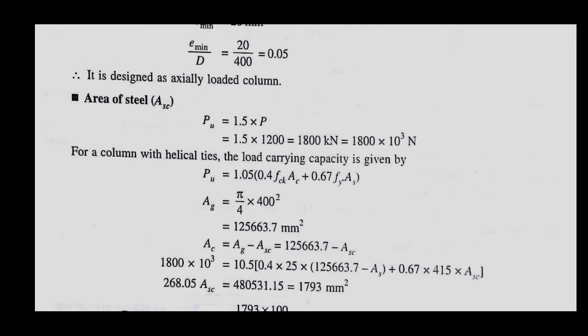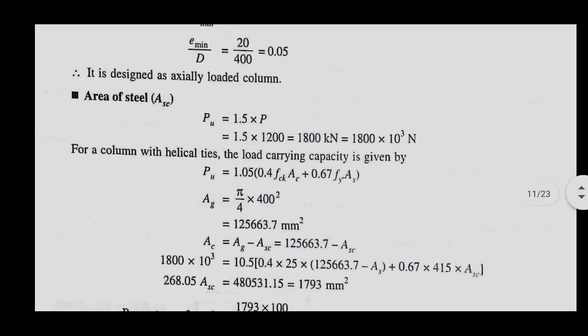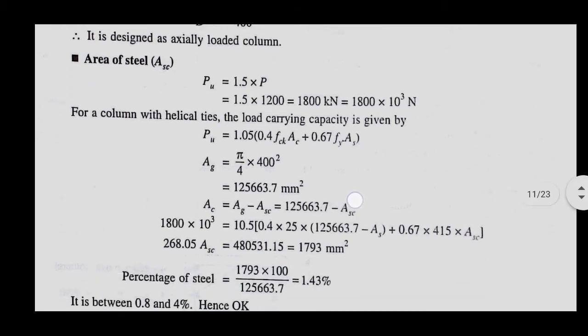Here Ag, the gross area, is equal to pi by 4 into 400 square. So this is the value of Ag. Now Ac is equal to Ag minus Asc, where the value of Ag is known. We can put this value like this. From this we can find the value of Asc.